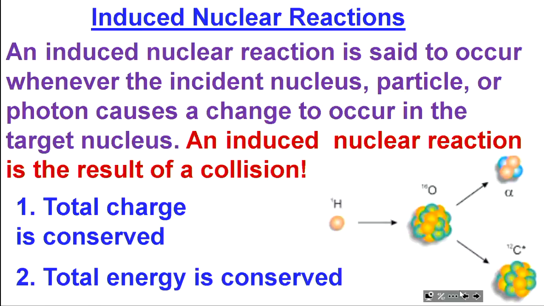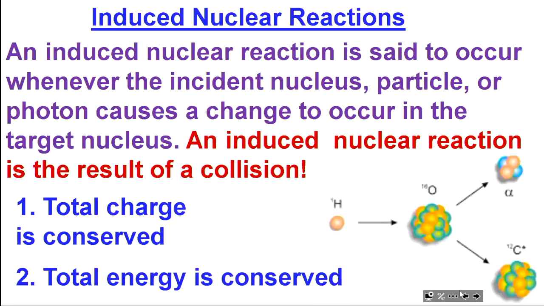Now, a different type of reaction happens when we collide something with a stable or unstable nucleus. So in this example, it could have been a proton, could have been a neutron, could have been an alpha particle.